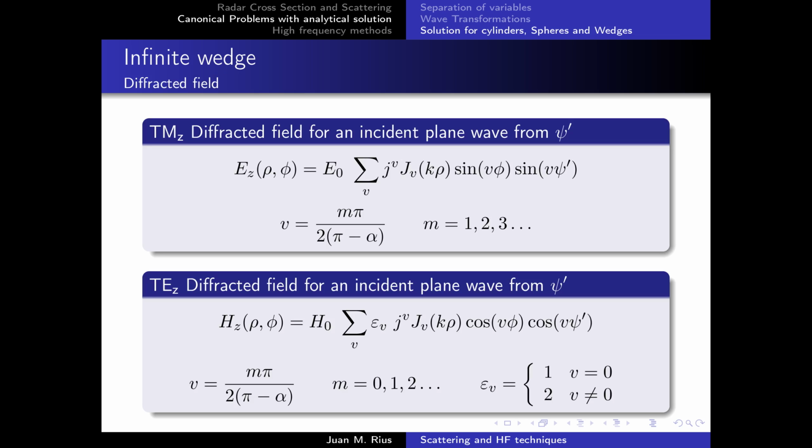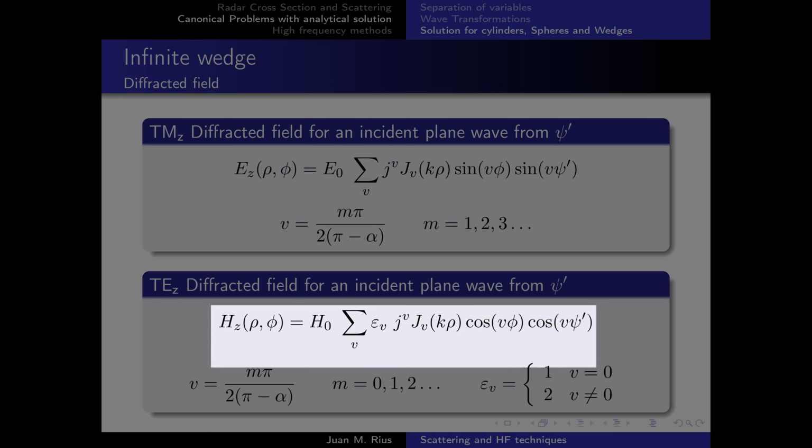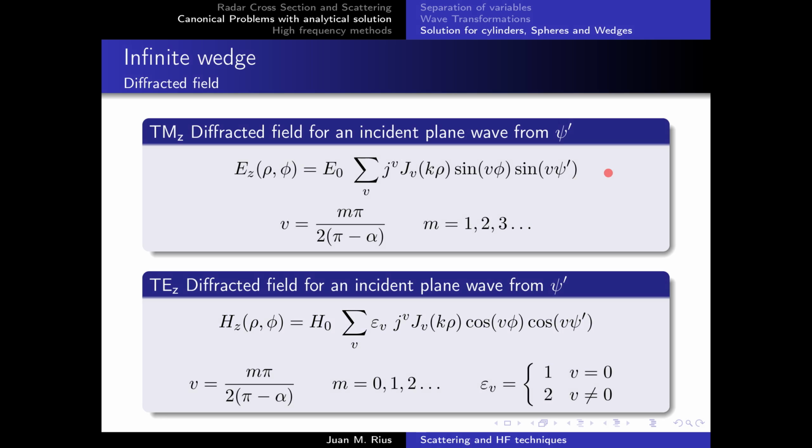The equations for the electric field in TM case and the magnetic field in the TE case are the following. This is the electric field in the TM case and the magnetic field in the TE case. We still have a summation of cylindrical harmonics.